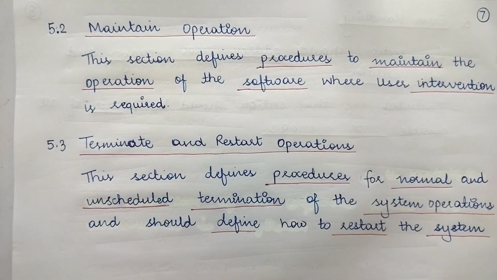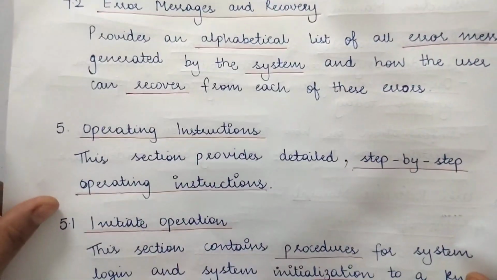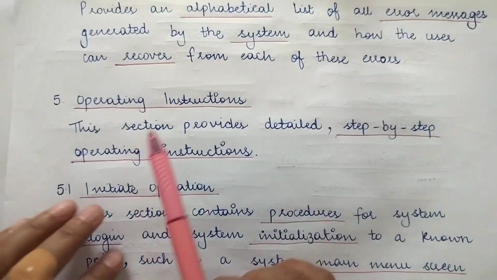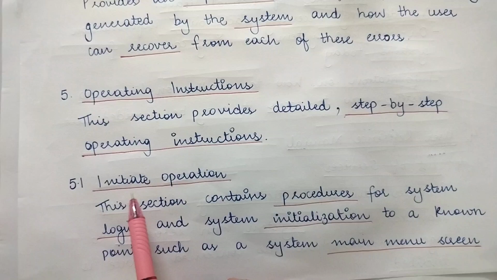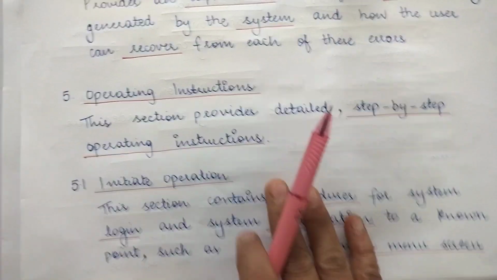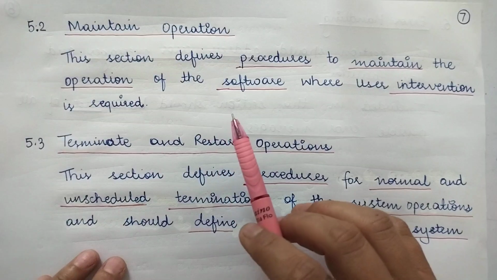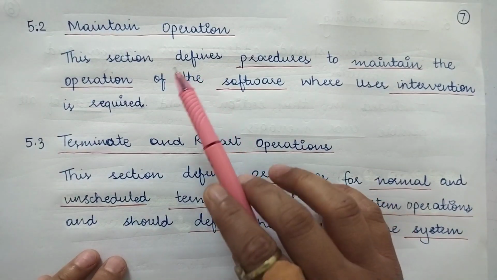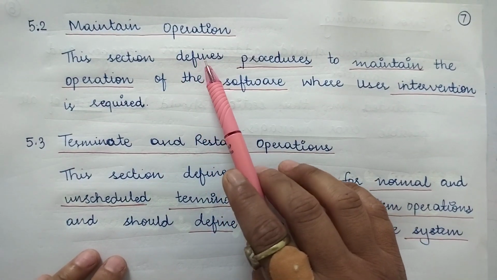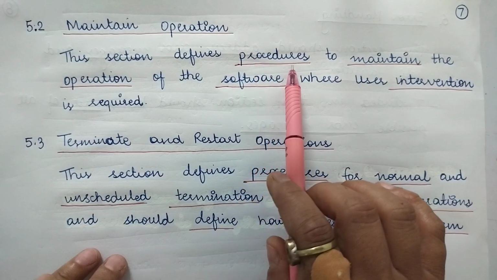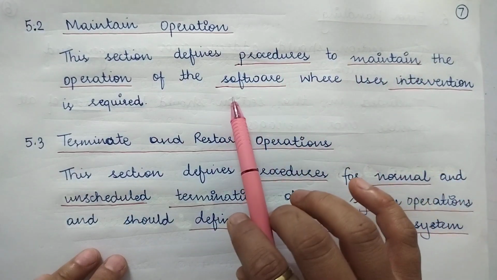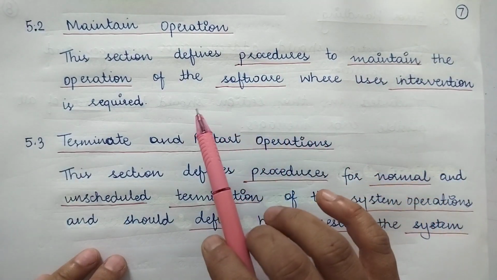Then within the operating instruction section, just like you have an initiate operation subsection, you also have another subsection which is the maintain operation subsection. This subsection defines procedures to maintain the operation of the software where user intervention is required.